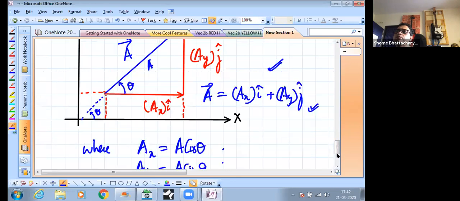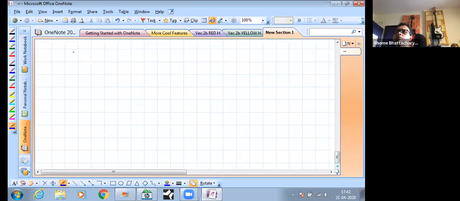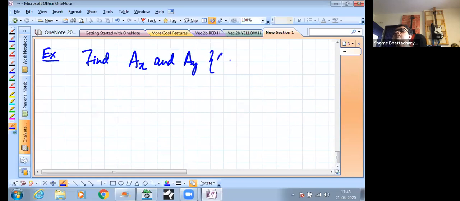Alright, so let's do a quick example now. Find Ax and Ay, that is the components of vector A, given this information. Now the information I am giving you is in geometrical form.